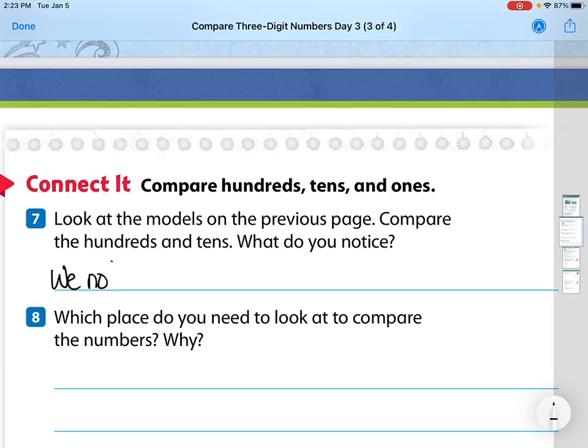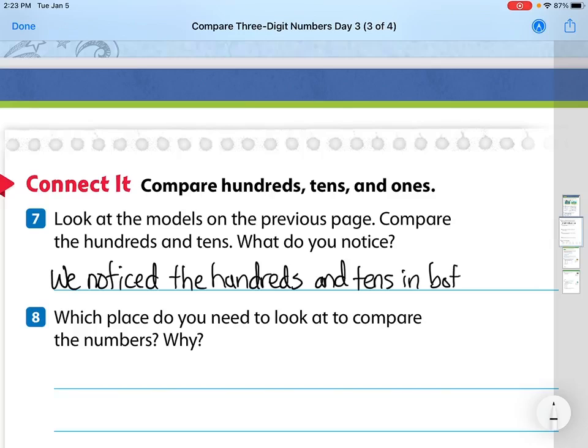We noticed the hundreds and tens in both numbers have the same digits.